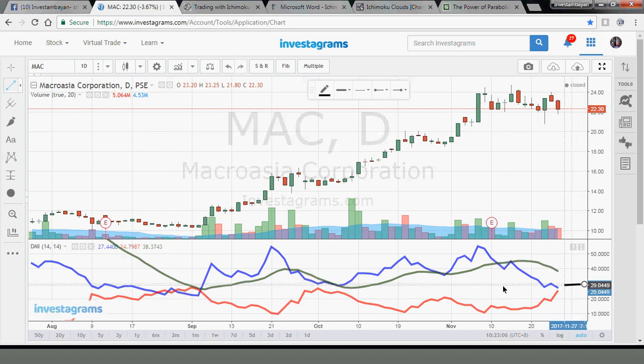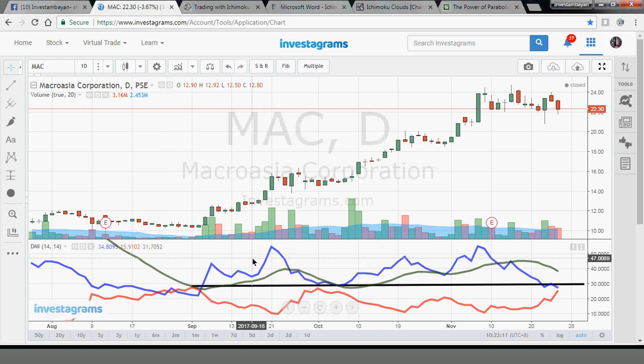Alright, this is a good example. Si MAC, nasa above 30 siya. So, meron na tayong indication dyan, di ba? When ADX is above 30, positive DI, itong blue, positive directional index, nasa taas siya ni negative DI, directional index.